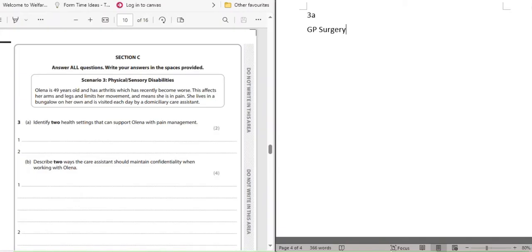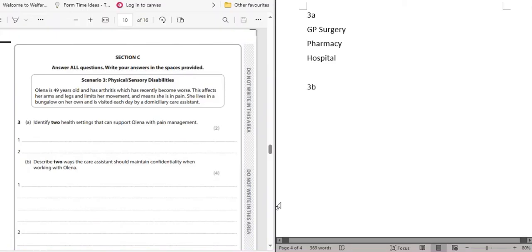So do try and make sure you're specifying the place and the person. So GP surgery is one. If it's pain management, we could look at a pharmacy, and she might also go to a hospital to get support. There we go. So that's 3. I've given an extra one just in case, but we'll see how that goes.